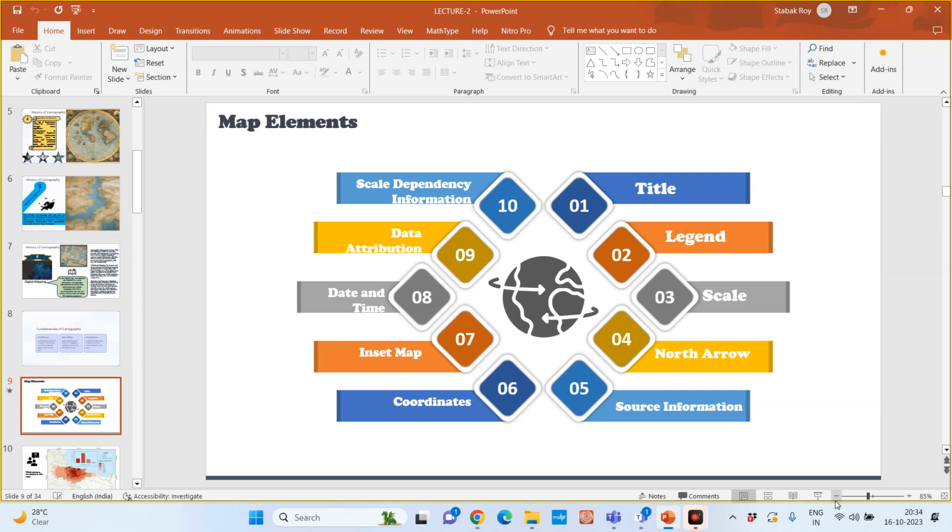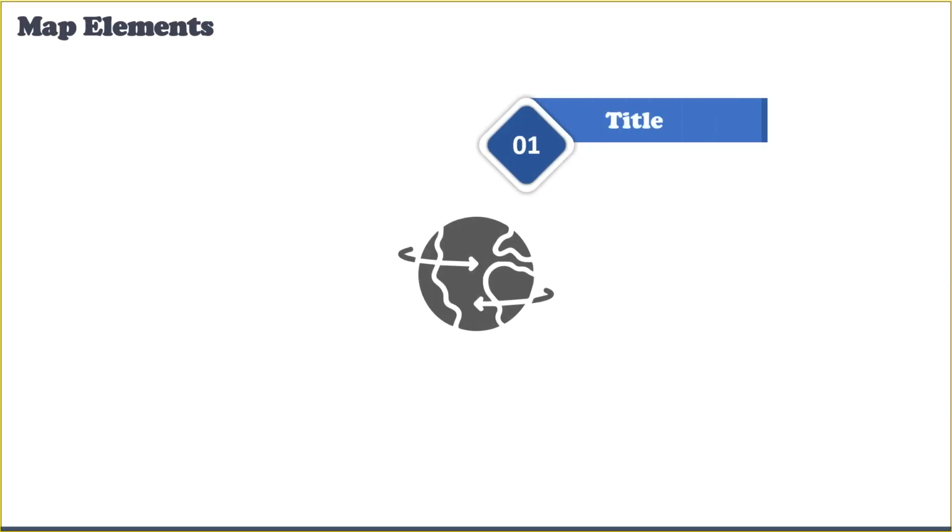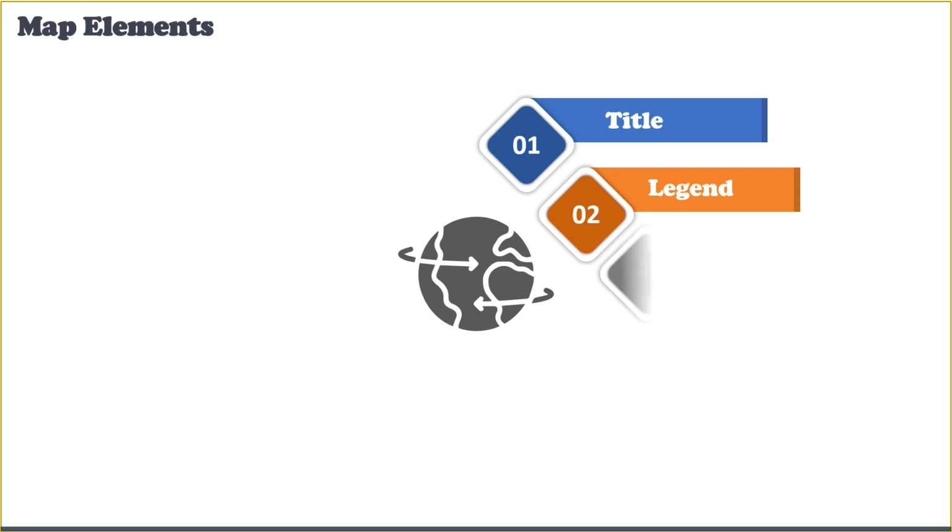Okay, so why do you need to know all those things? Because one map should have some title. Okay, one is the title. The second thing is the legend, meaning an index. Based on that you can understand that the red color shows something, the blue color might show something else. That is called the legend. And there is a scale.